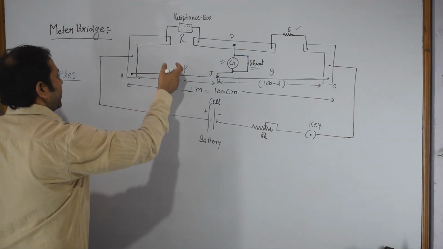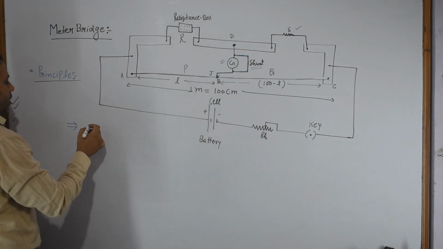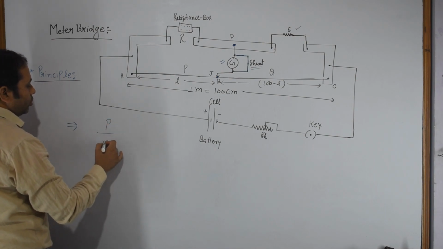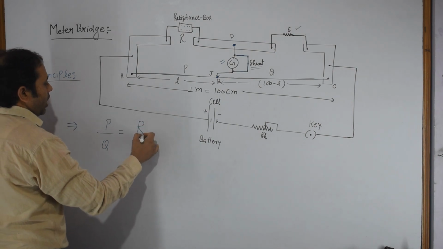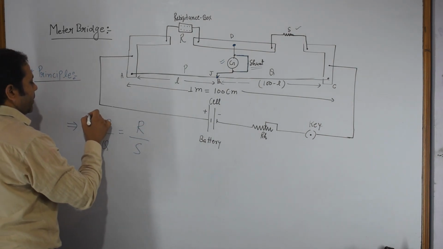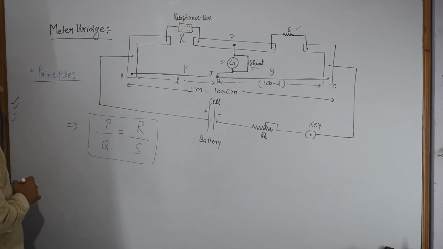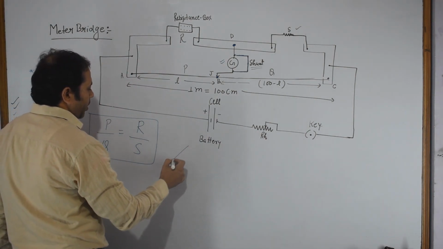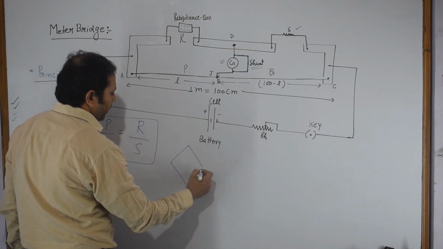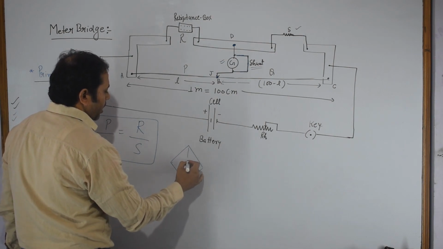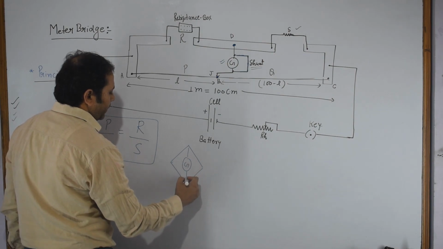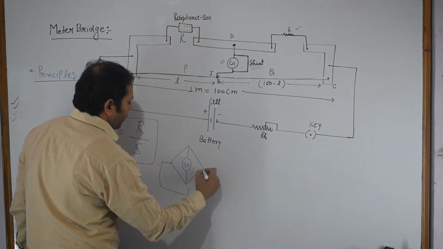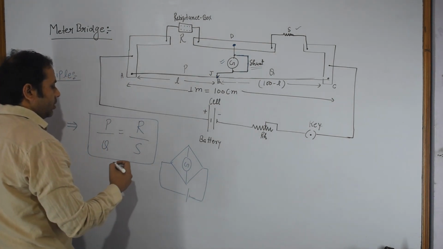Now we will write the equation according to Wheatstone bridge. P upon Q is equal to R upon S, the respective resistances of the arms of a quadrilateral made in this way, and the diagonal is connected by a galvanometer which has no deflection.